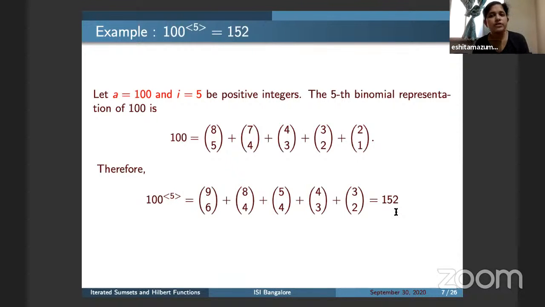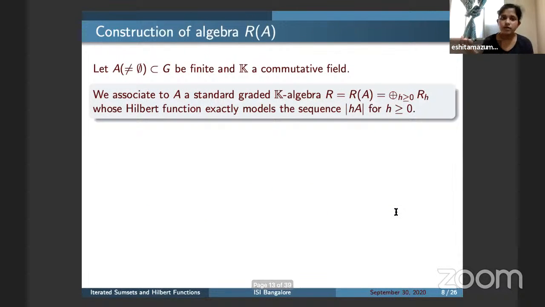Okay, now we will see how, by knowing this definition, I can construct a standard graded algebra. First of all, at this moment, what we have is that A is a non-empty finite subset of an abelian group G, and K is my commutative field.